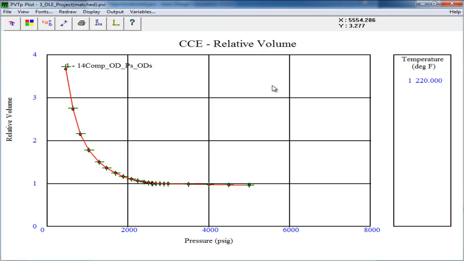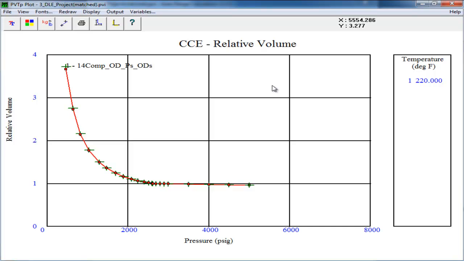For example, in this quality line, the first one, I have 80% liquid and 20% gas. But here, I have 80% gas and 20% liquid.